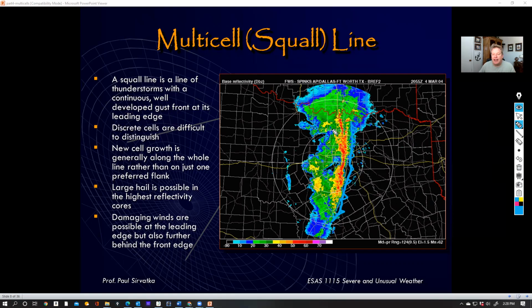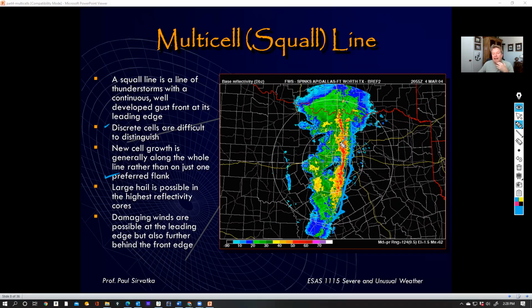It's hard to define discrete cells. This is the way you spell discrete, meaning one, each individual storm. It's like, where's the storm? I don't know, it's hard to see. There's like sort of a line of storms. Well, that's exactly what I mean by a squall line. So rather than being at a preferred flank for new development, it's going to form all along the whole line.